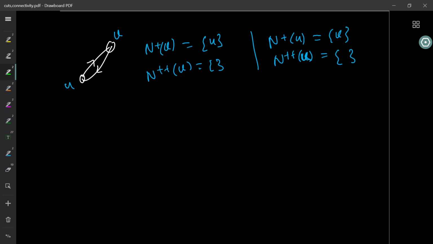So the cardinality of N plus of v is strictly greater than the cardinality of N plus plus of v. But if you don't allow directed 2-cycles, a conjecture due to Seymour says that you will always find some vertex, not for every vertex. You will find some vertex whose second neighborhood is at least as big as the first neighborhood. So this is called the Seymour second neighborhood conjecture.